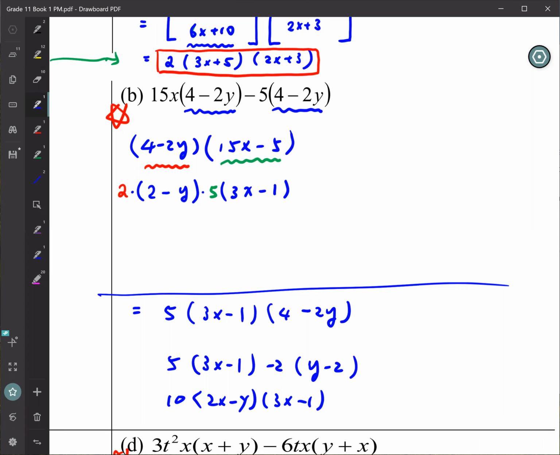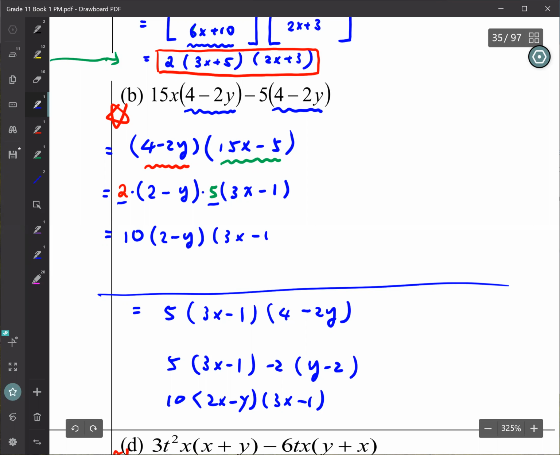So the numbers that you took out, the 2 GCFs on the outside, you can multiply them together because it's multiplying, so you can move in any order you like. So the 2 and 5 will make it a 10. Okay? So your answer should be 2 minus y, with the 10 at the front, and 3x minus 1.